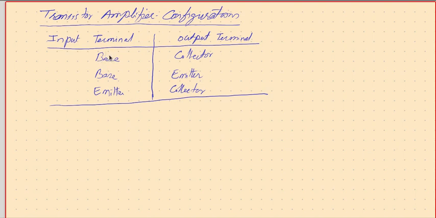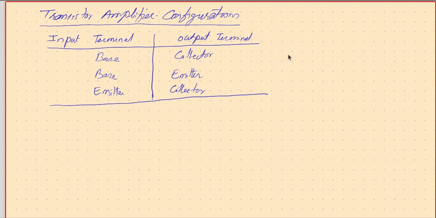So the input is applied between base and something, and output is collected between collector and something, and that something is the missing one here, and that is what we call the emitter. In this case, the emitter is common to both input as well as output.